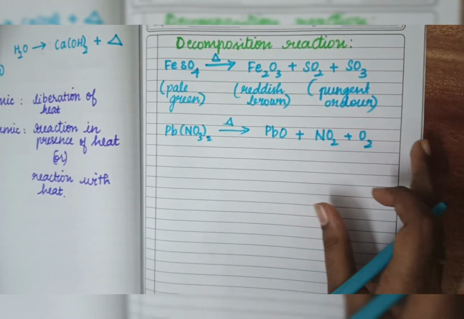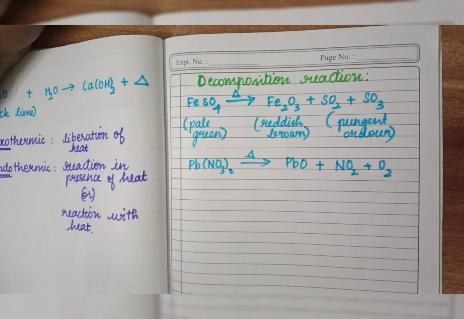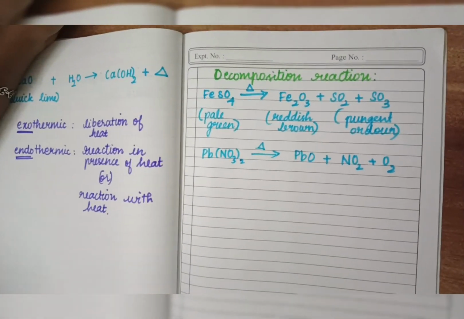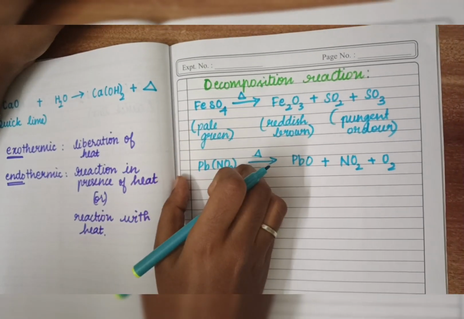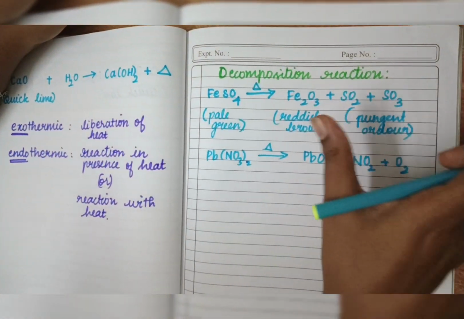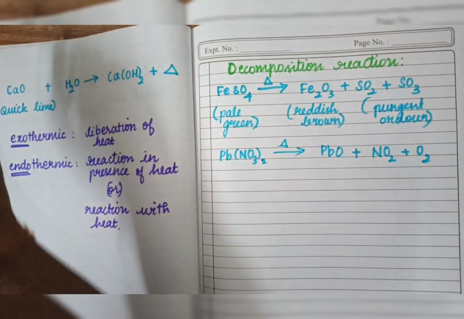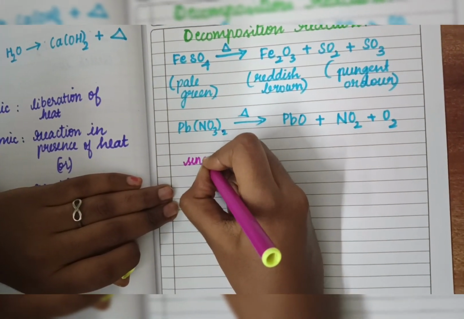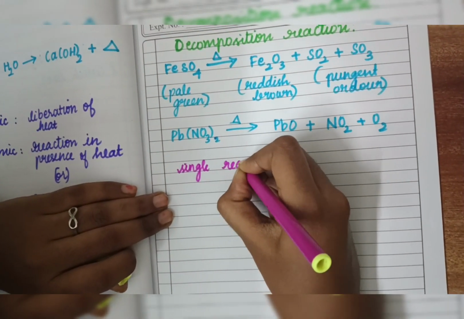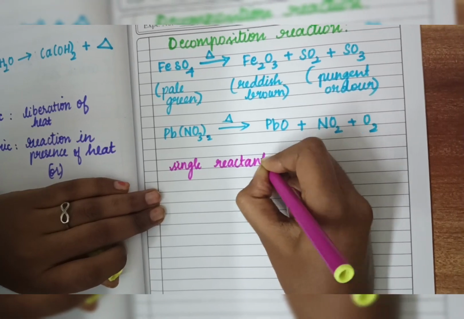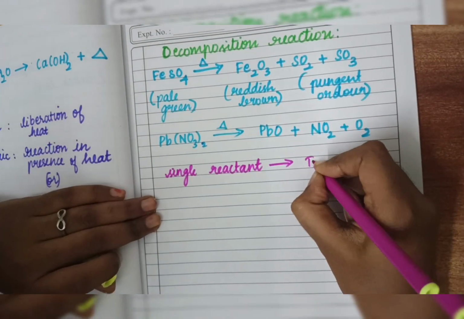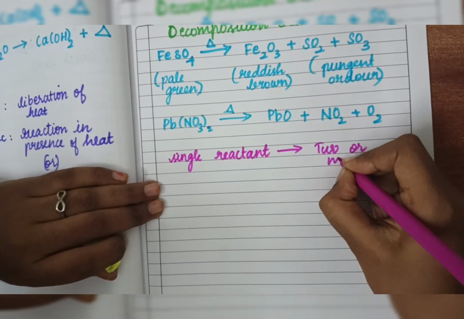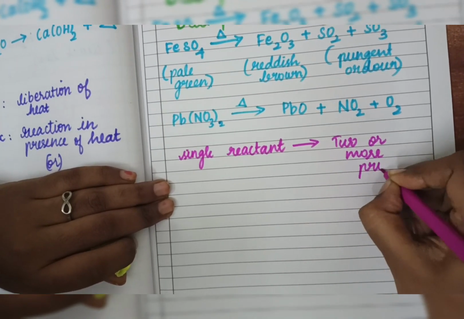Whereas in a combination reaction, you would have learned that two or more reactants produce a single product. Here, a single reactant produces two or more products. So the key point we need to understand is that a single reactant gives two or more products.